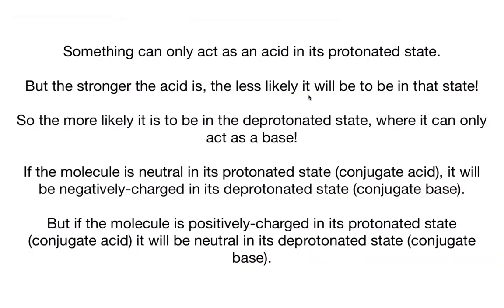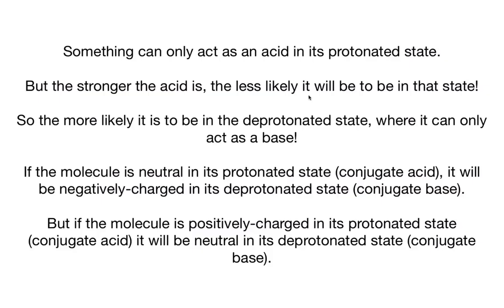So the conjugate acid is going to be positively charged, and therefore they'll be neutral in their deprotonated state, in their conjugate base state. So we can't simply look at charge to tell us whether something is an acid or a base. Some acids are neutral in their protonated state and some are positively charged, but they're always going to be one charge less in their deprotonated state, and that could be neutral or negatively charged.